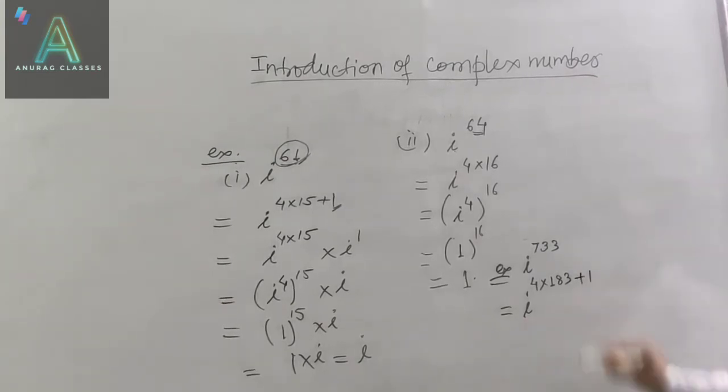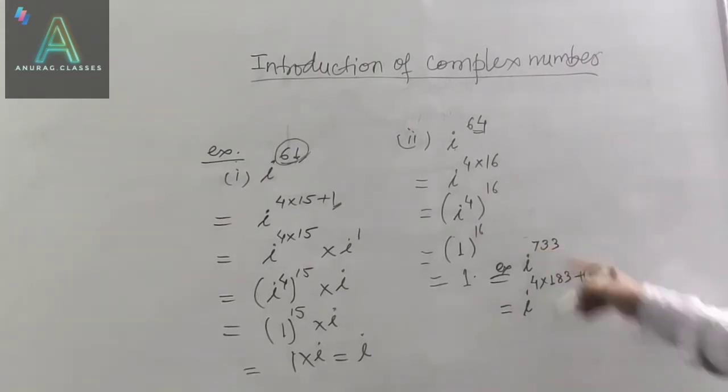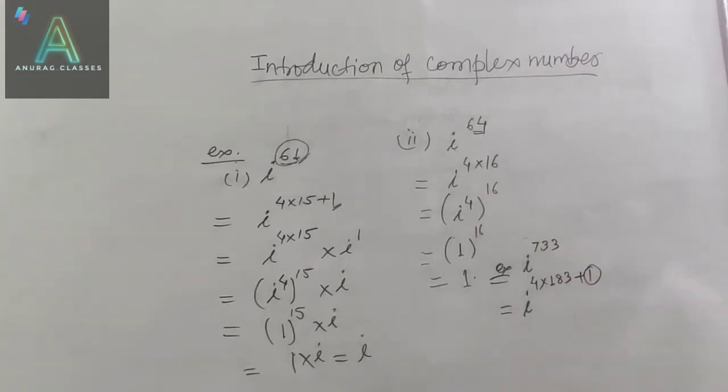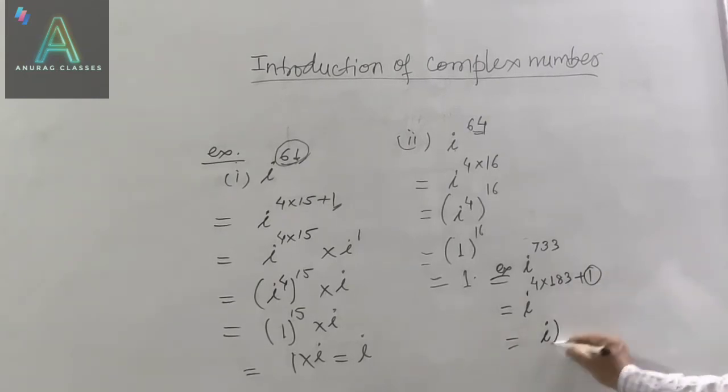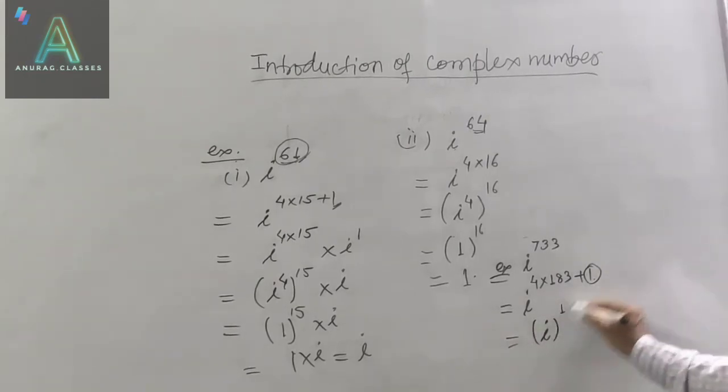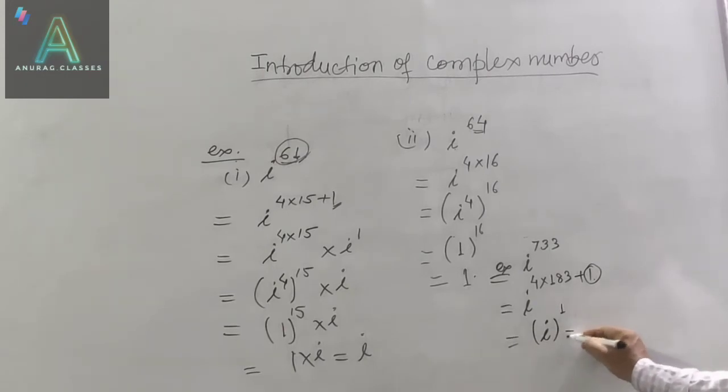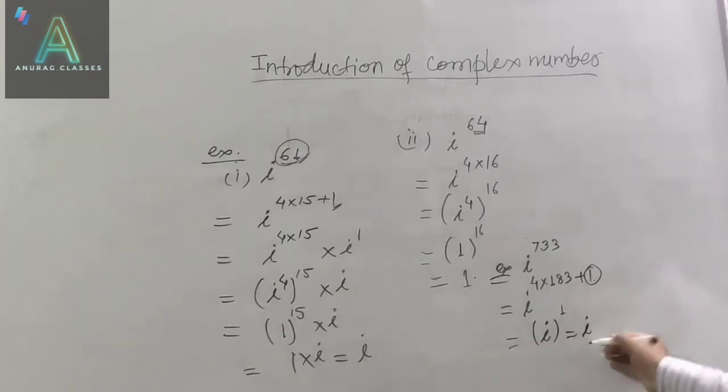So 1 will be the remainder when 733 is divided by 4. So in short, the answer will be iota to the power 1. This remainder will be in the power. And finally, iota will be the answer.